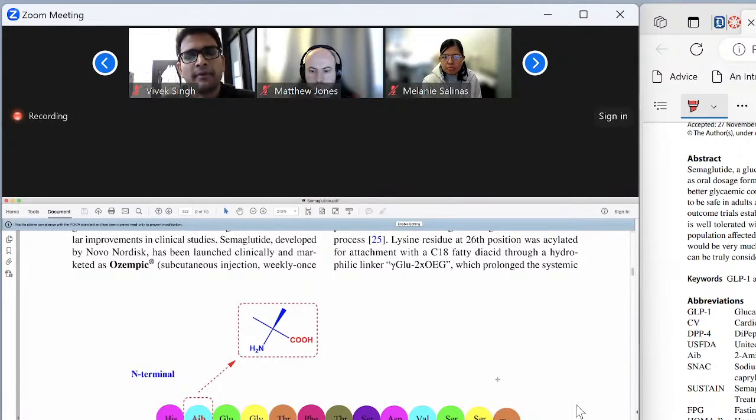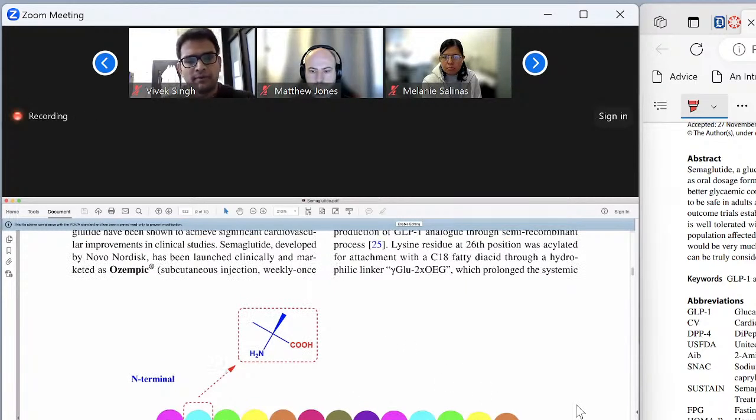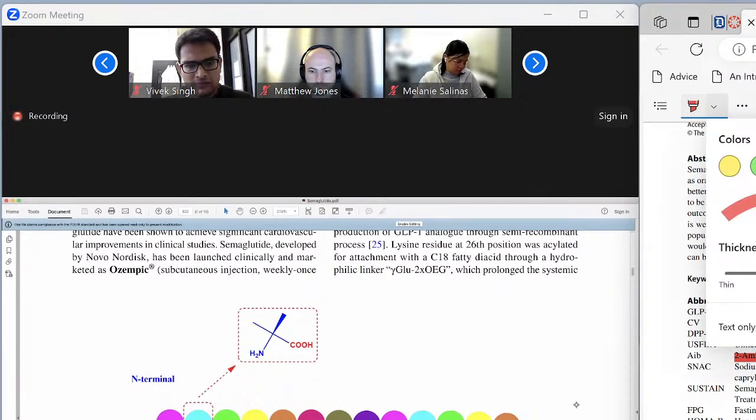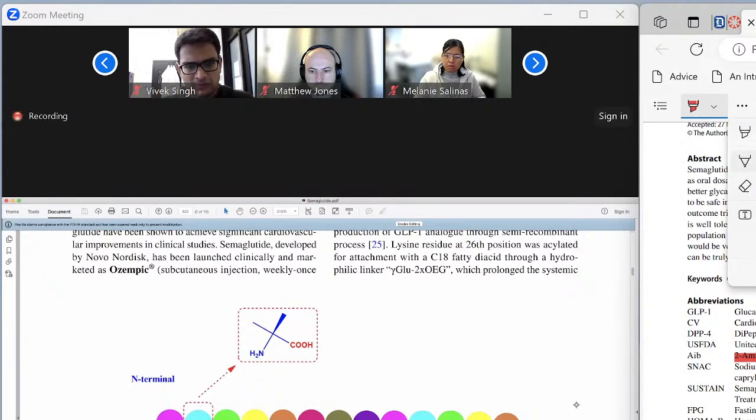this is the structure of the peptide, and you can see that it's essentially the drug. And you can see it's essentially a peptide chain that's been linked to a fatty acid with this linker here to this lysine in the 26th position.